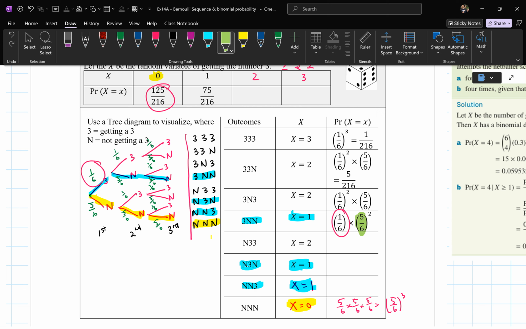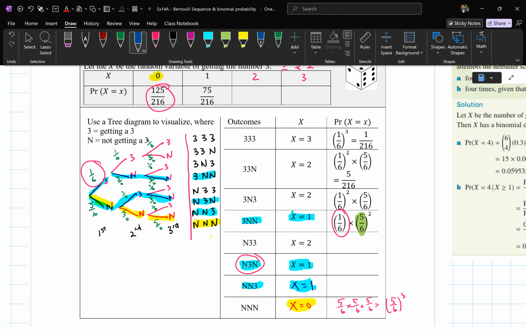But look at the pattern. If I asked you to find this one now, n, then 3, then n. If you follow that branch, can you see you end up with 5/6, 1/6, 5/6. So even if you write it out again, isn't it still interesting?